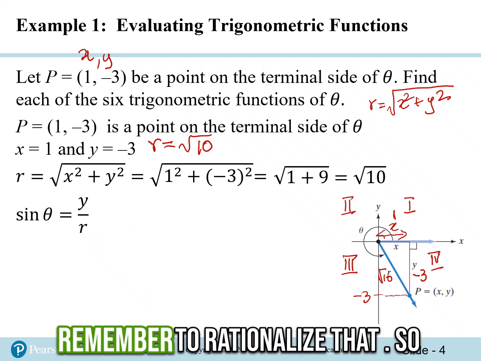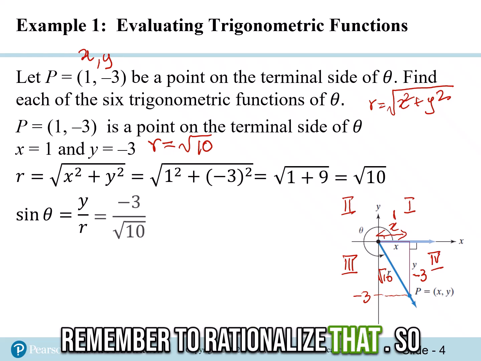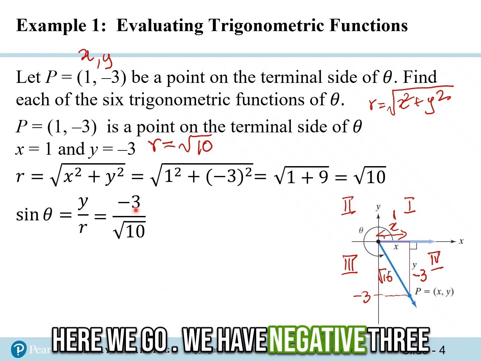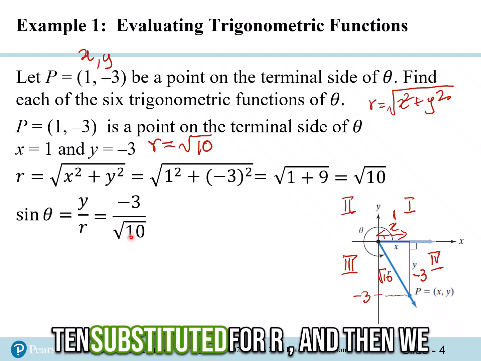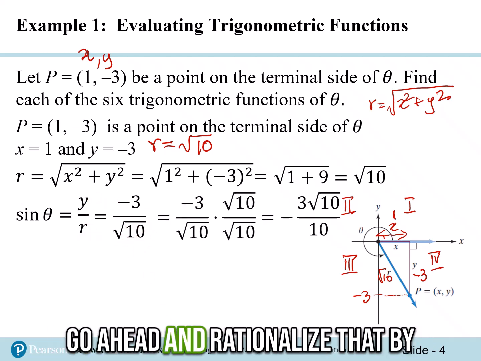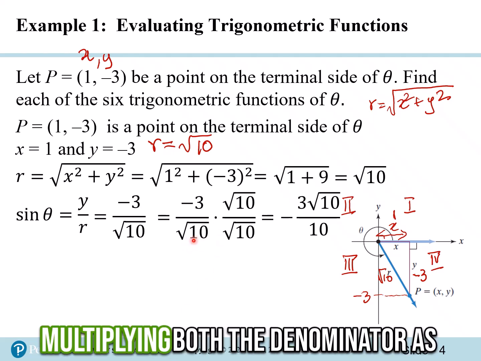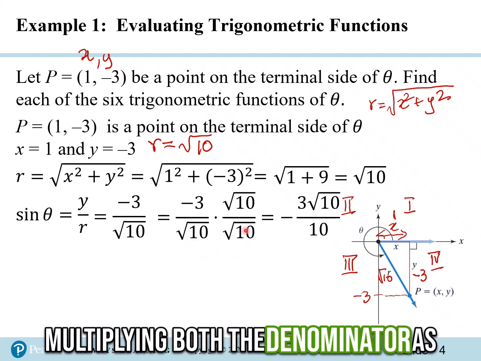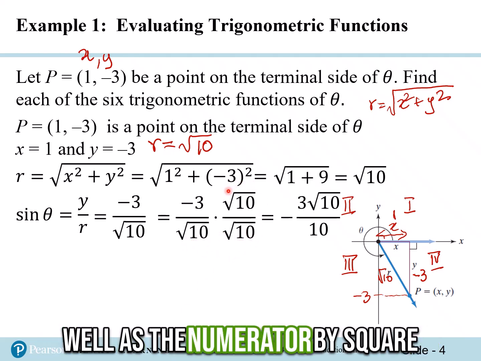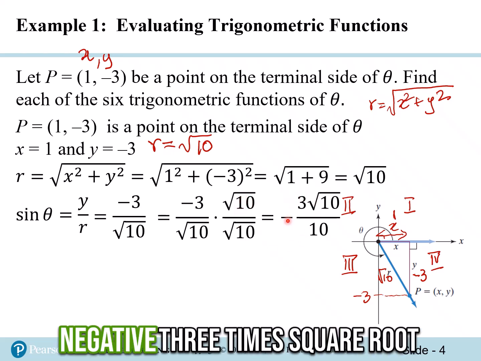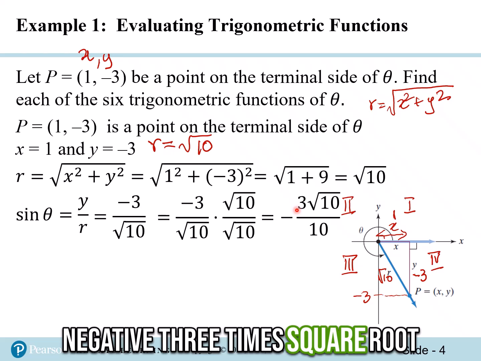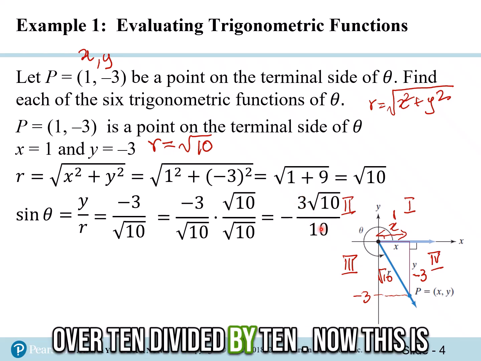Therefore, always remember to rationalize that. So here we go. We have negative 3 substituted for y, square root over 10 substituted for r, and then we go ahead and rationalize that by multiplying both the denominator as well as the numerator by square root over 10 to get a value of negative 3 times square root over 10 divided by 10.